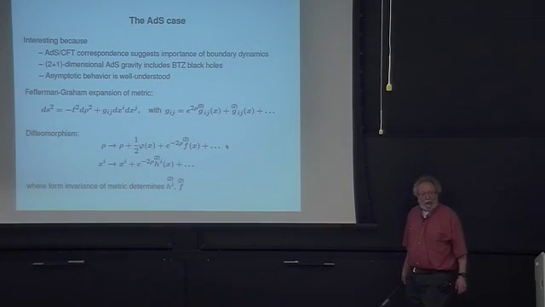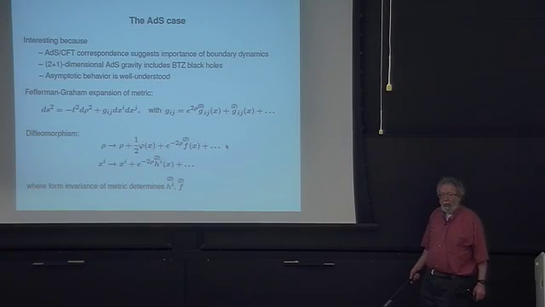It's interesting because the asymptotically anti-de Sitter case includes black holes in 2+1 dimensions, so you might be able to learn something interesting about black holes. And it's interesting because it's simple, because the asymptotic behavior is well understood.